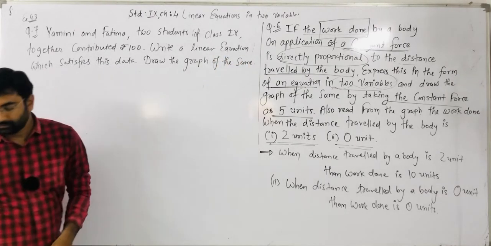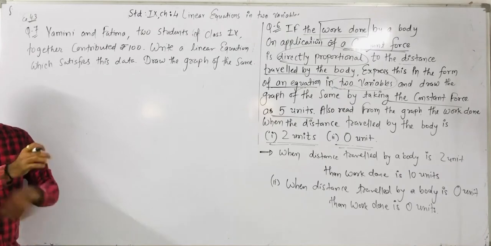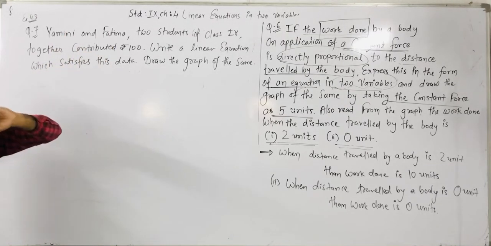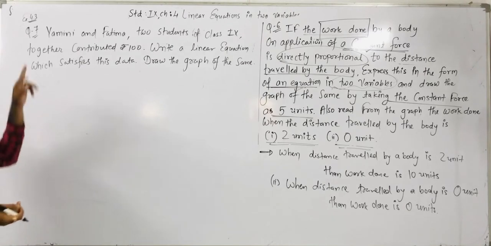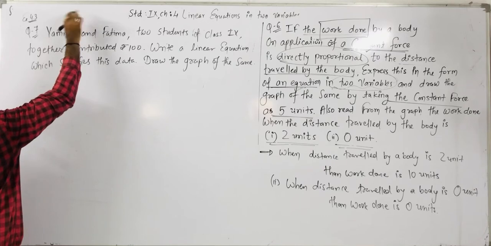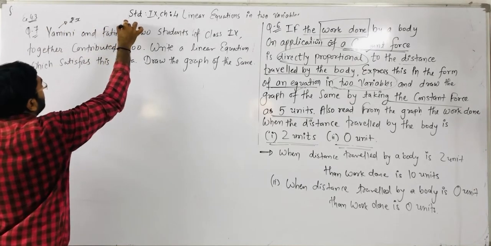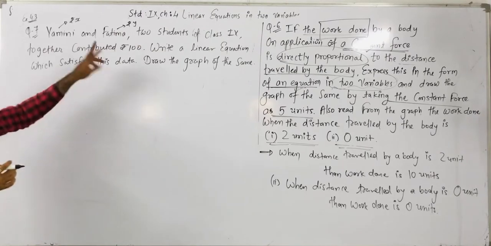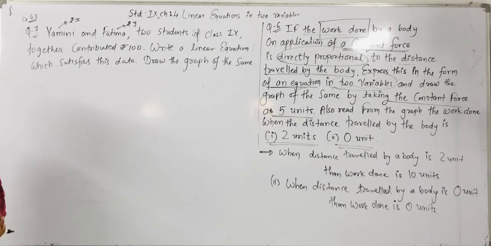Right? So for that, how do we have to draw? See, there are two students, and as per the question, in brackets they say you have to consider the first student's contribution in the PM care as x rupees, and the second student's contribution as y rupees. That is given in our question in brackets.